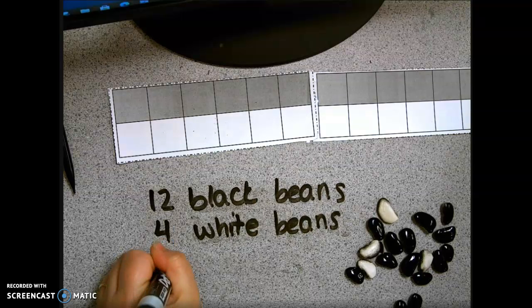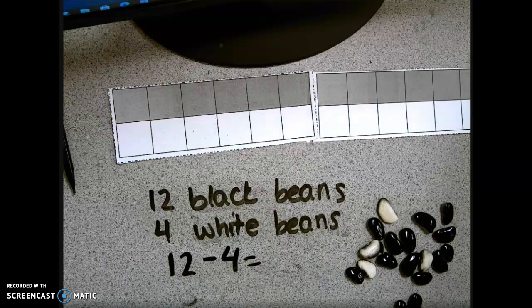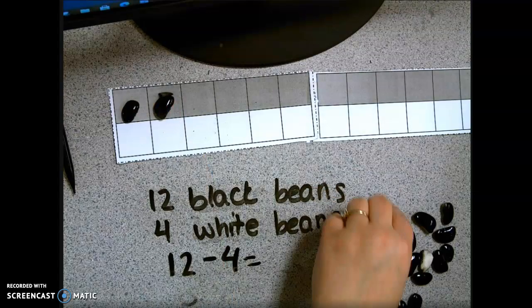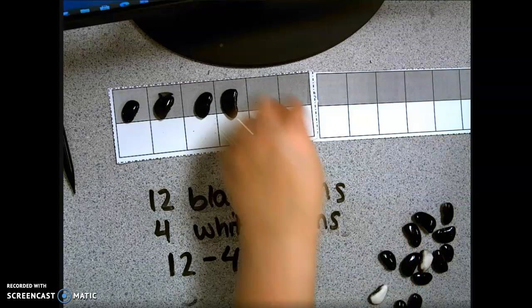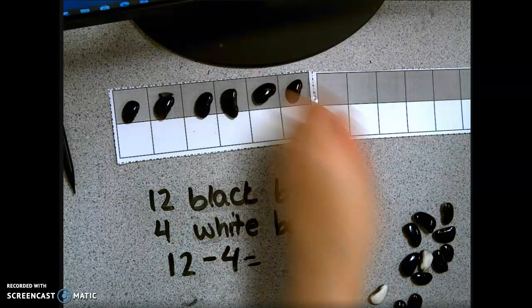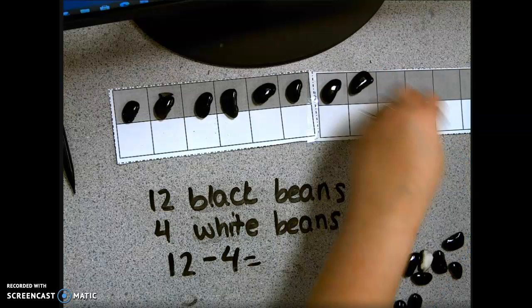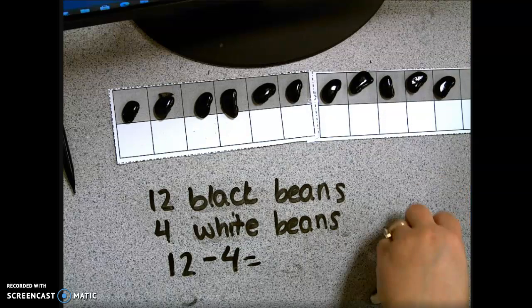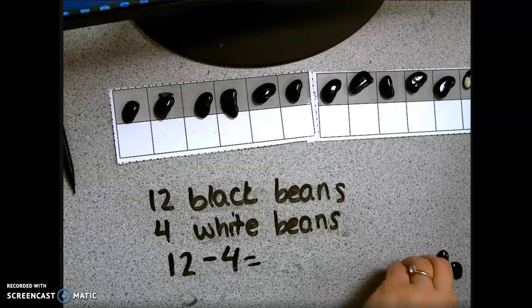So that would be 12 minus 4, and I would represent that on my comparison map like this. I would take out my 12 black beans, 1, 2, 3, 4, 5, 6, 7, 8, 9, 10, 11, 12 black beans, and I'll have my 4 white beans.